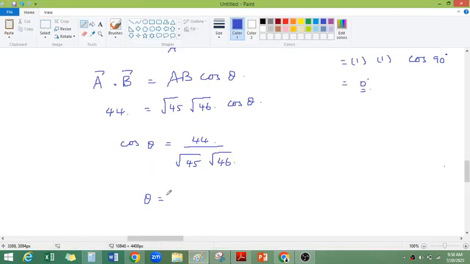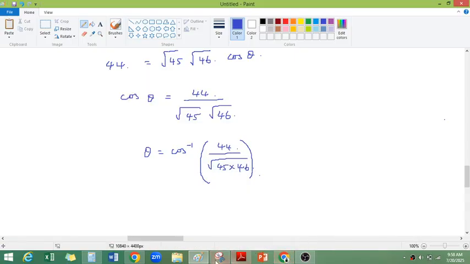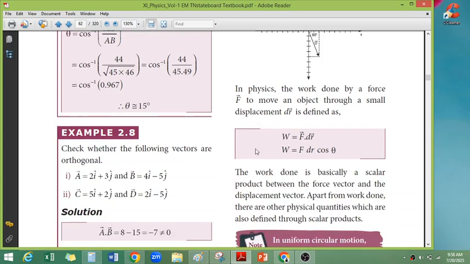Cos inverse of 44 divided by root of 45 into 46. You can stop it here, because this can only be done with a calculator.